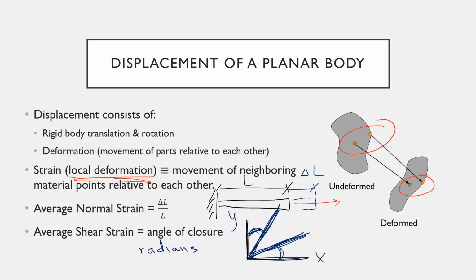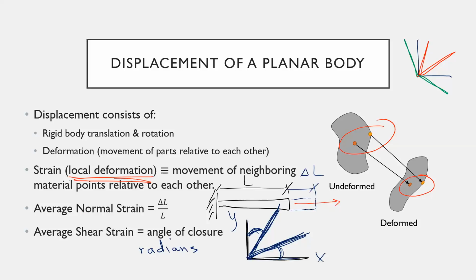Yes? What do you mean by close? So if this is my 90-degree angle, if they close, they're becoming closer together. If they open, they're becoming wider. So you imagine that you draw two lines on a material object.